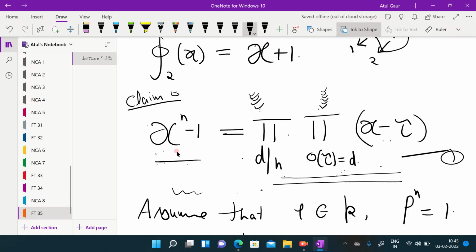Is that fine? Because order of tau is d, so that means tau power d is 1 and d divides n. So tau power d is 1, so tau power md is 1 for all m. Is that fine?